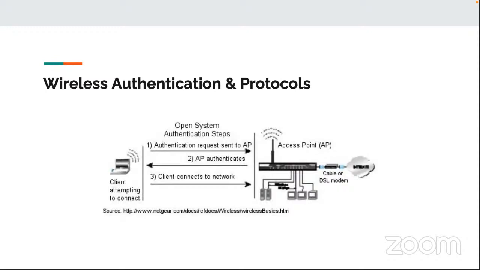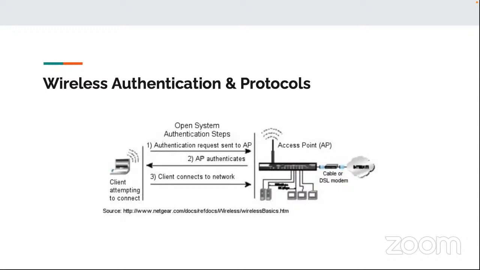Personal uses a pre-shared key to allow clients to authenticate without an authentication server infrastructure. You find these everywhere. You walk into Starbucks, they tell you, oh, this is the code to log in. Or at your house, you have a passphrase or whatever you have in order to get devices on your network.